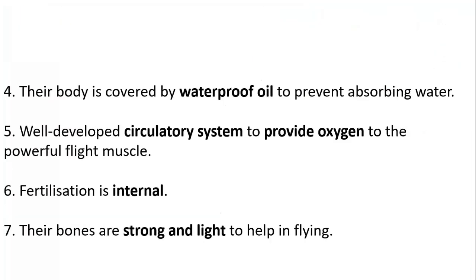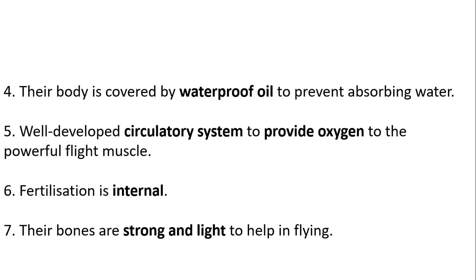What else do we know about birds? Their body is covered with waterproof oil. Why? To prevent absorbing water from the environment. Also, they have very well developed circulatory systems. Why? To provide oxygen. Flying is a very tiring process that needs a lot of energy. So that's why they need very powerful flying muscles and a constant oxygen supply.